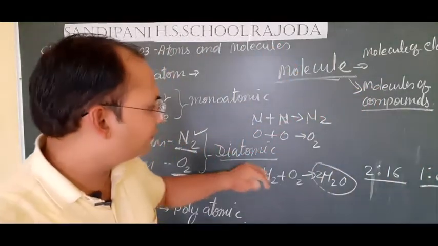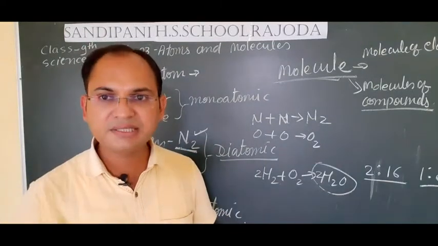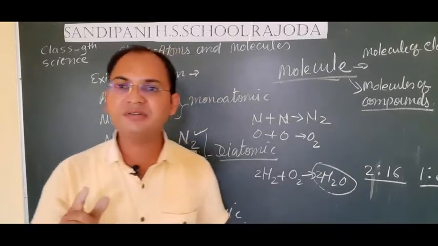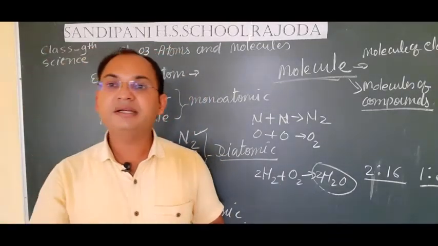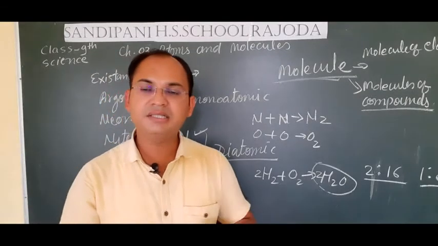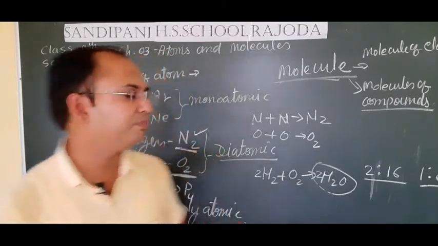And if different atoms combine together to form molecules which can freely exist in nature, always remember students, it is the property of a molecule that it exists in nature in free form, either as a molecule of an element or a molecule of a compound.